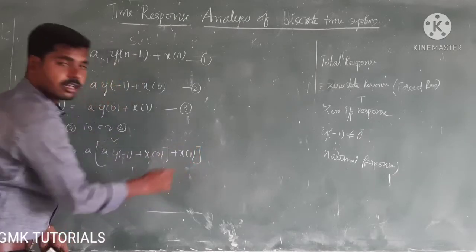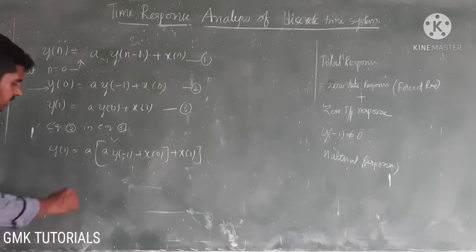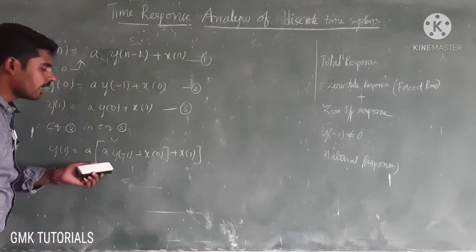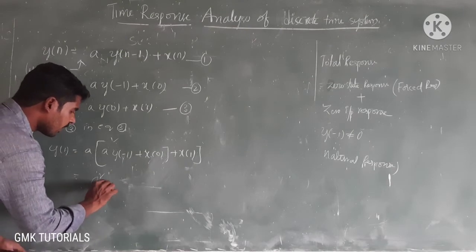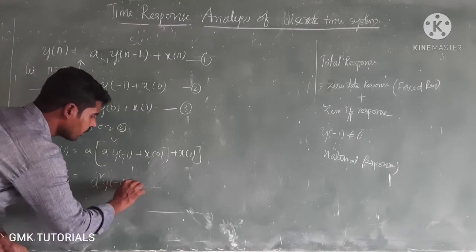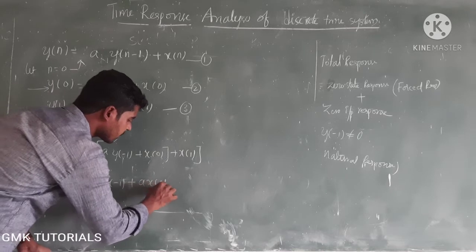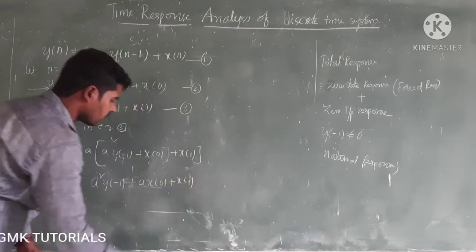Up to now it is clear to all of you, right? Now the next thing is we have to multiply the internal terms with a, then we get a square into y of minus 1 plus a into x of 0 plus x of 1.